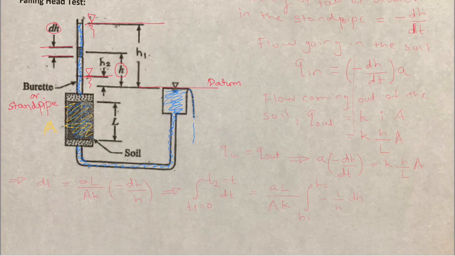So note that at time t equal to 0, our head was H1, and at time t2, or at the end of the test, our head was H2.